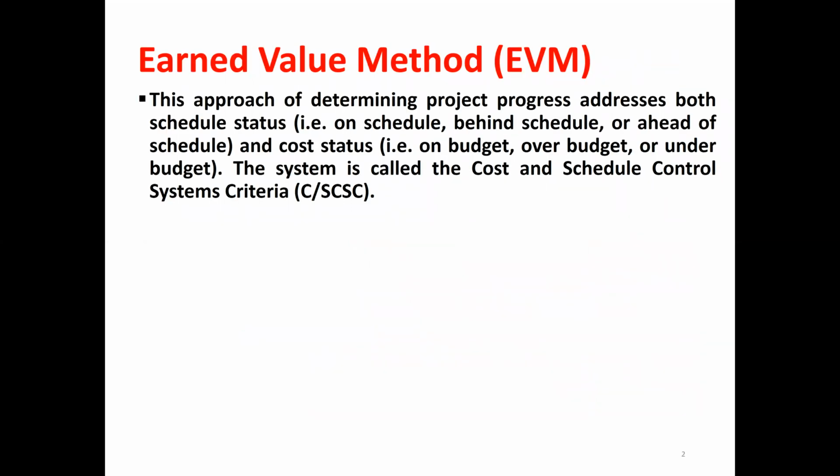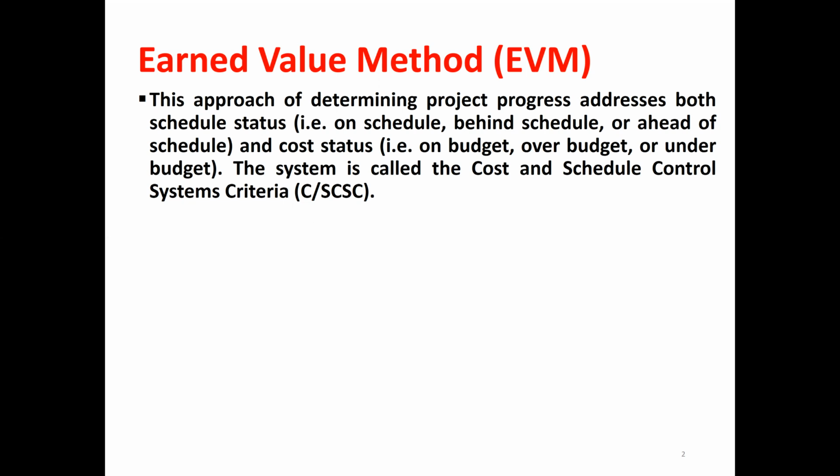So, as I said, we are going to discuss in this video the earned value method. Okay, the earned value. This approach of determining project progress addresses both schedule status, like whether we are on schedule, behind schedule, or ahead of schedule. We are building fast or slow. In terms of schedule, are we going fast or slow?